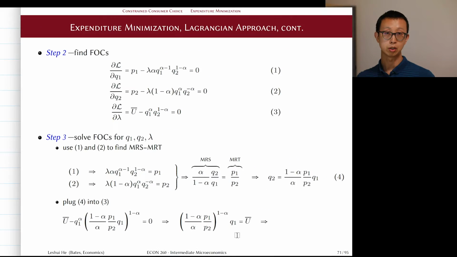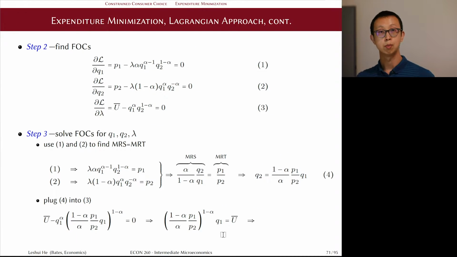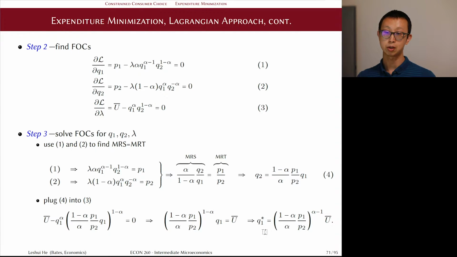Then to solve for q1, we multiply the reciprocal of this entire package on both sides of the equation. The reciprocal would just be the same package, but raised to the power of alpha minus 1. So the solution is q1 star is equal to this package raised to the power of alpha minus 1 times u bar. And there we have it. This is the expenditure minimizing quantity for good 1.